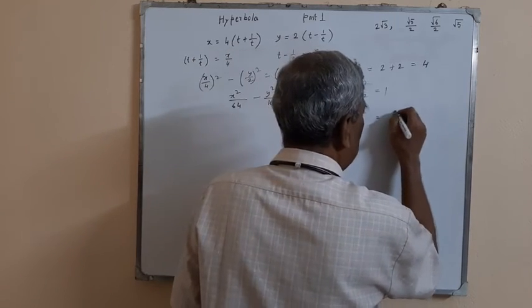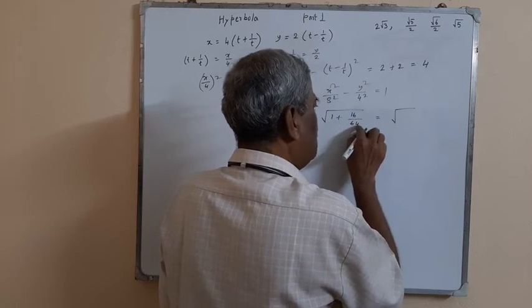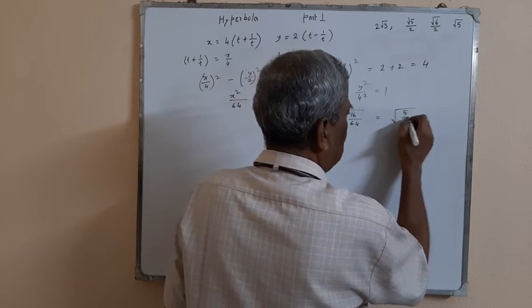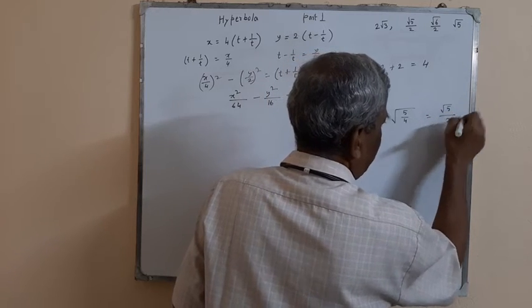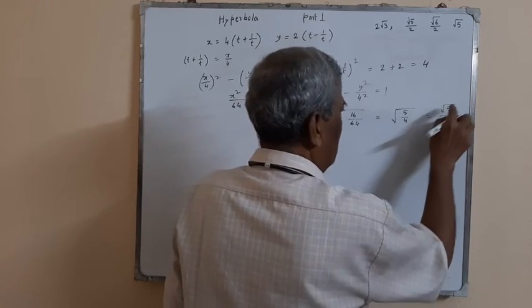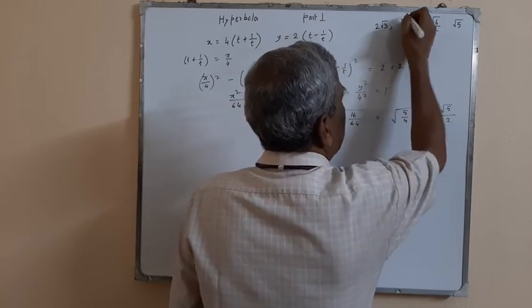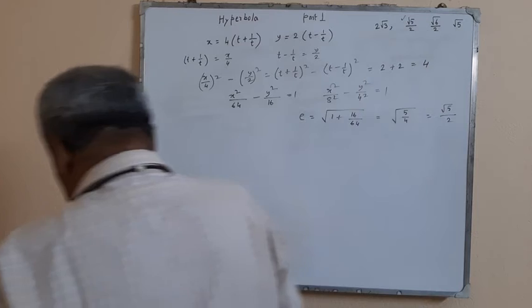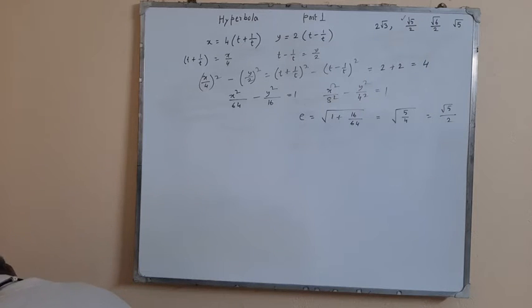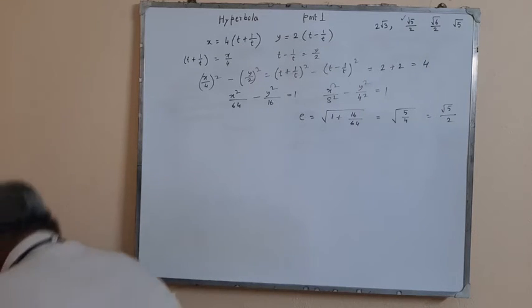So it is root over 1 plus 1 by 4, that is root 5 by 4, so it is root 5 by 2. So the option is root 5 by 2. The second option is correct. Now, next problem.